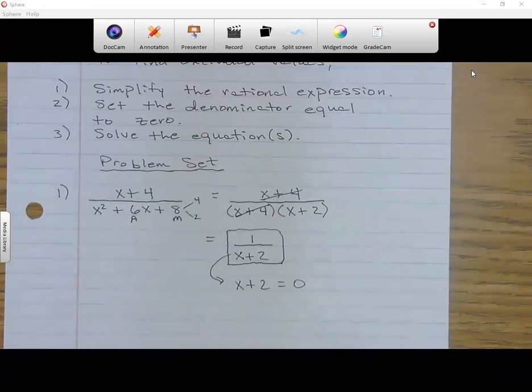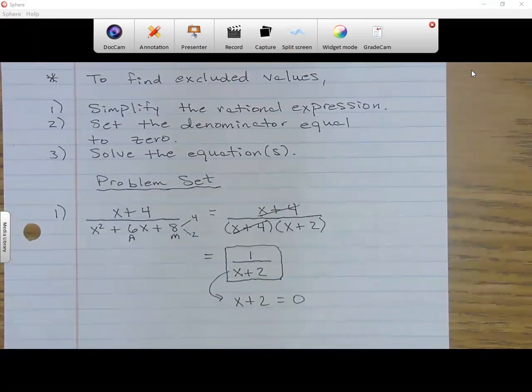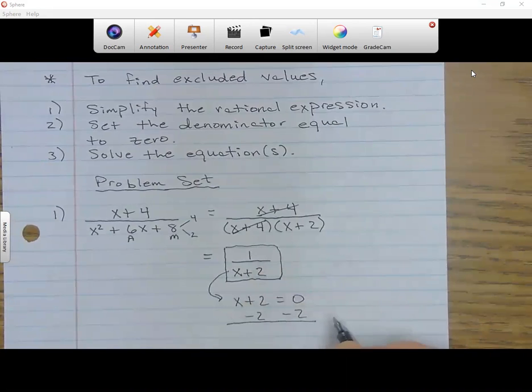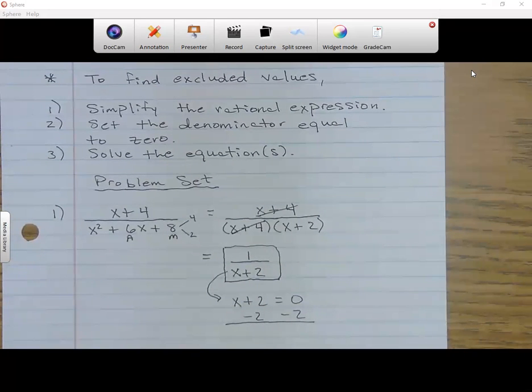All right, so I got x plus 2 is equal to 0. Now I'm going to solve the equation that I get. I've got to solve for the variable. So to get rid of this plus 2, I have to do what on both sides? I basically got to do the opposite of adding 2, right? I've got to subtract 2. So I do that first. I subtract 2, and since it's an equation, you got to remember to do it on both sides.